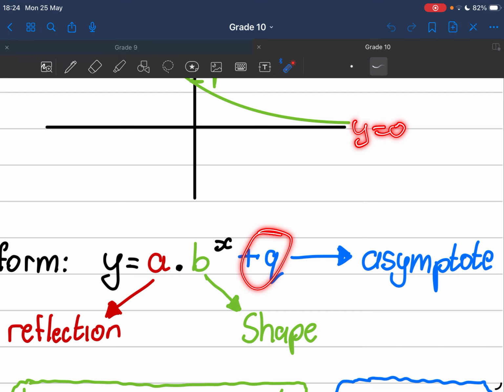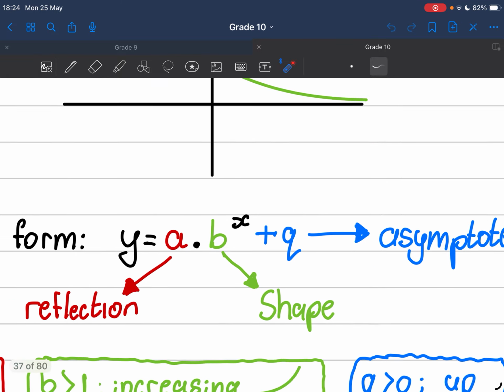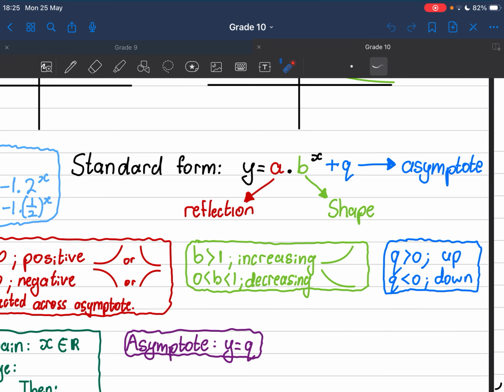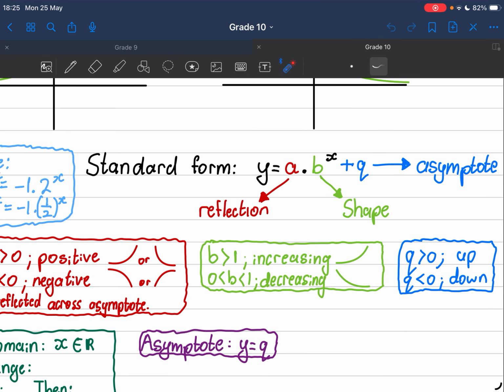If this changes, then the asymptote might go up, for example, and be y equals 1, or y equals negative 1. But either way, it moves up or down. The a value affects the stretch, squash, or reflection. As we said, q, if it's positive, will move up, and if it's negative, will move down.